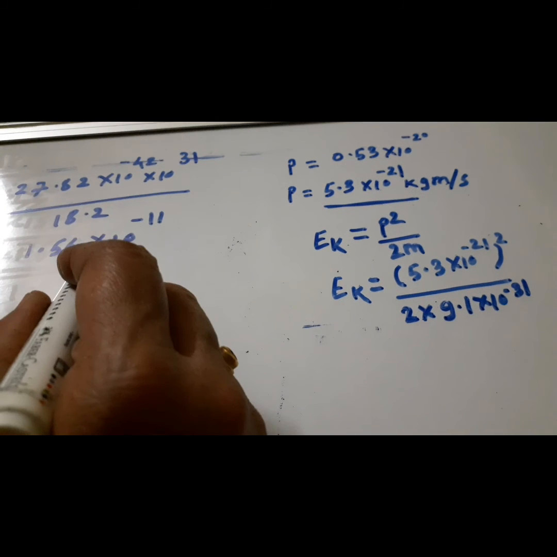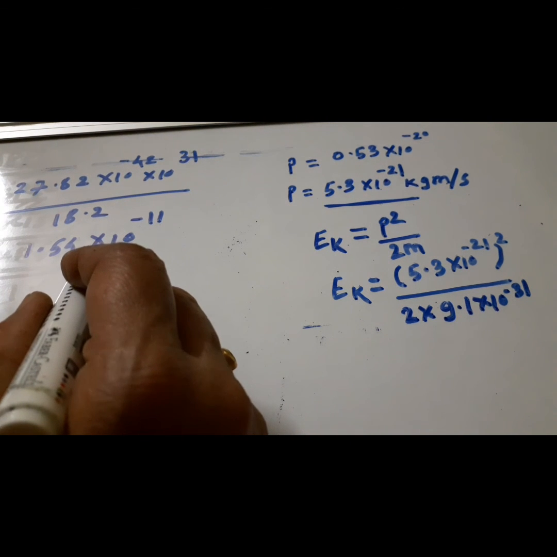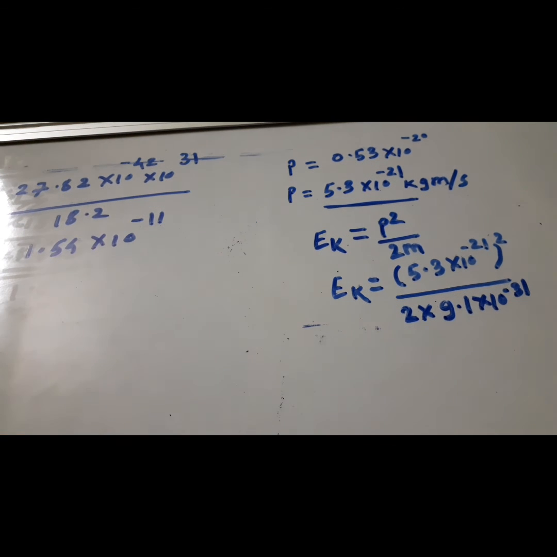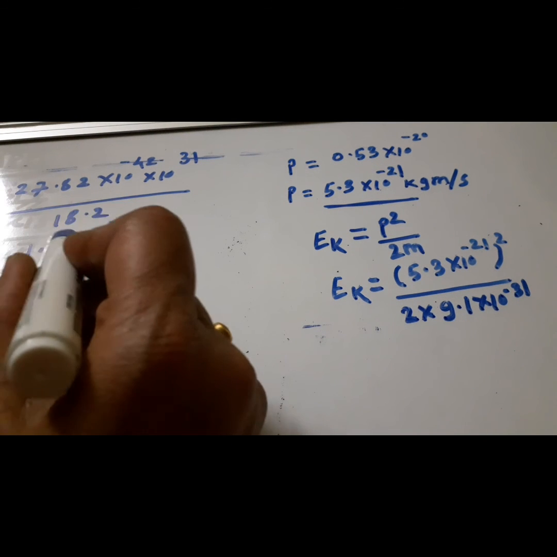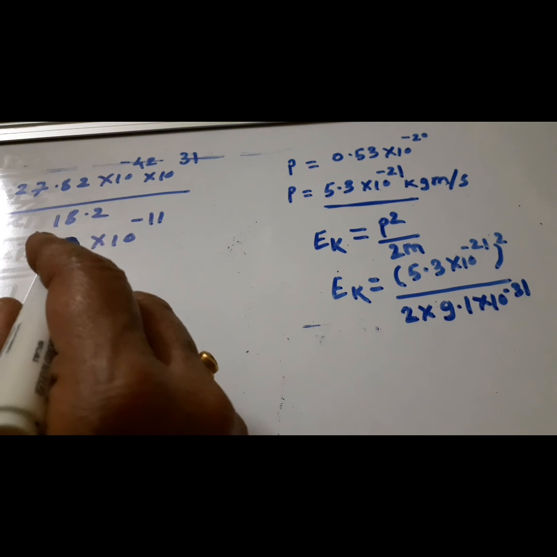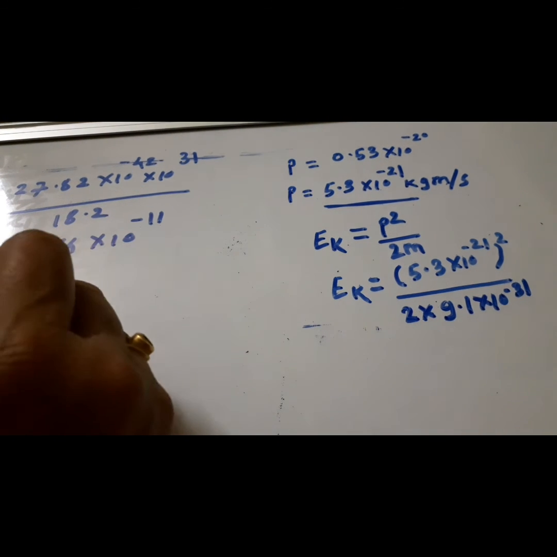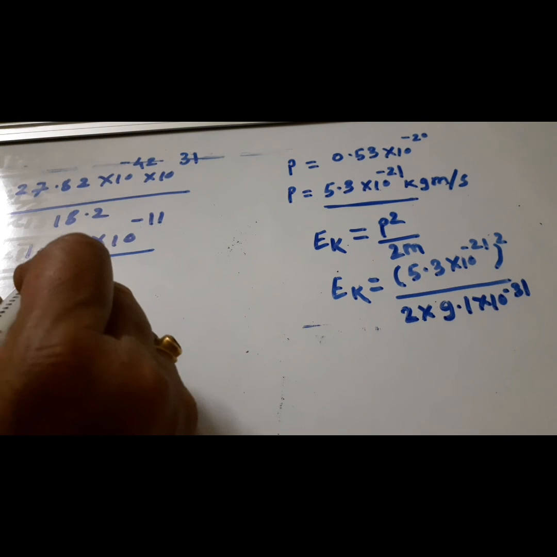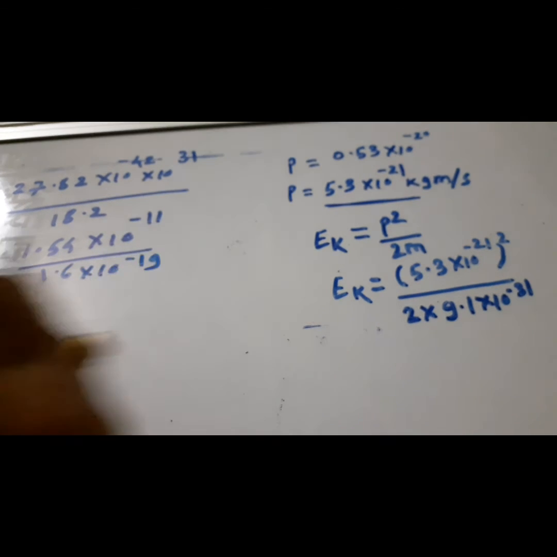But we have to convert this energy into electron volt, and whenever we convert joule into electron volt, we divide by 1.6 into 10 to the power minus 19.